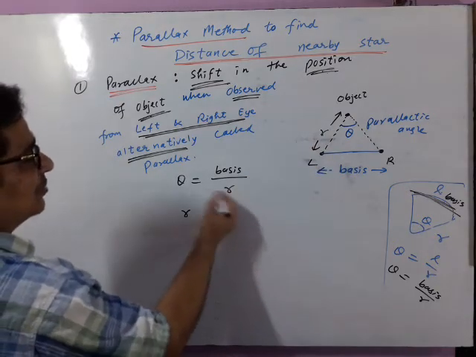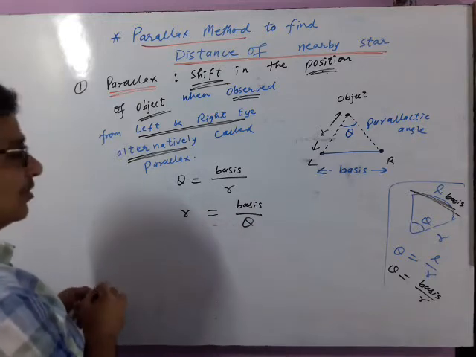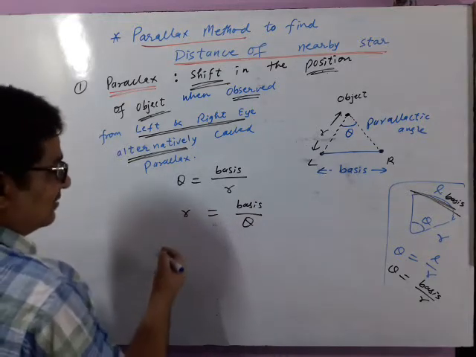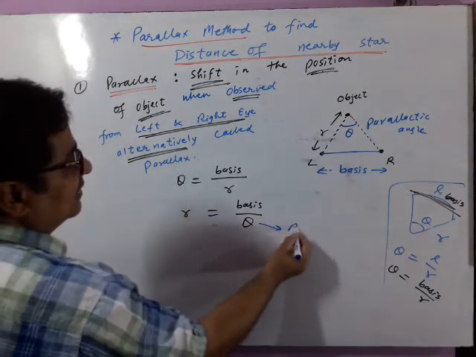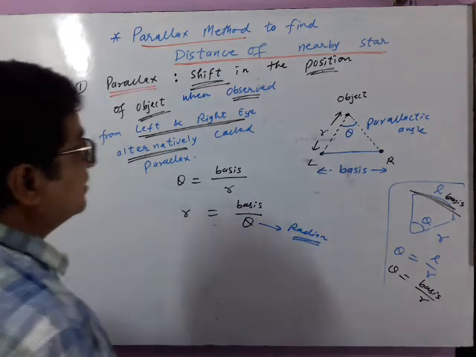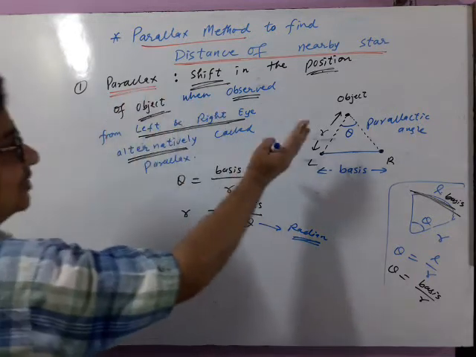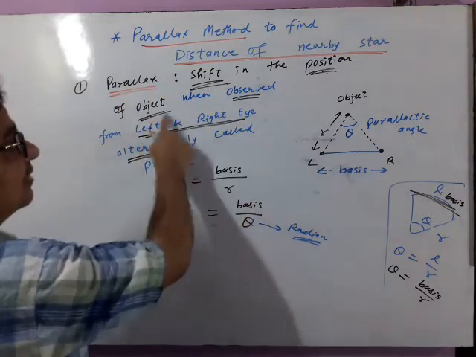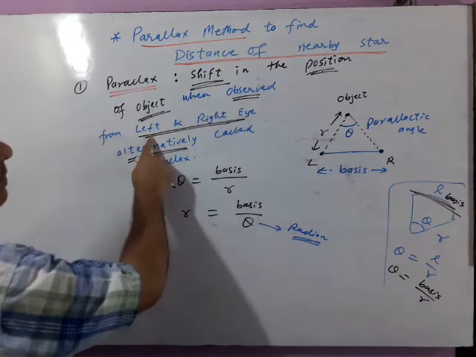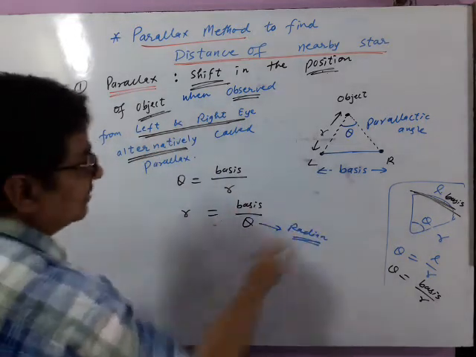So shifting the positions, r is basis upon theta. Whenever you apply a formula like this, theta must be written in radians. So this is step number 1. What is parallax? Shift in the position of an object when observed from each eye alternatively. And the formula is like this.